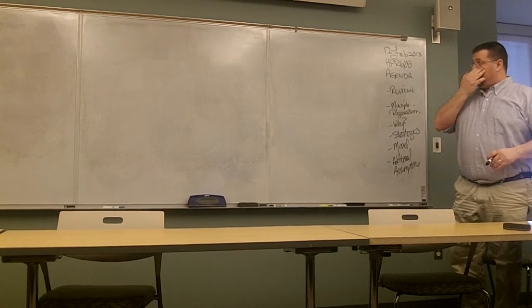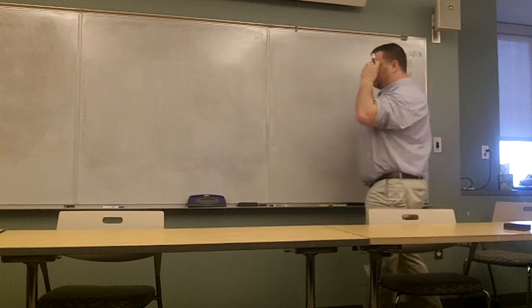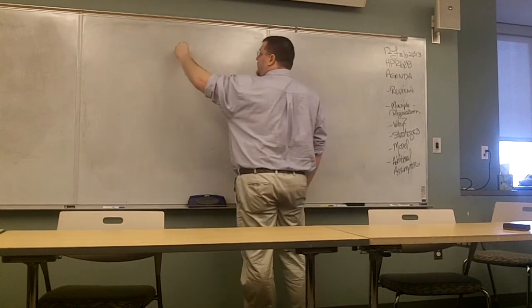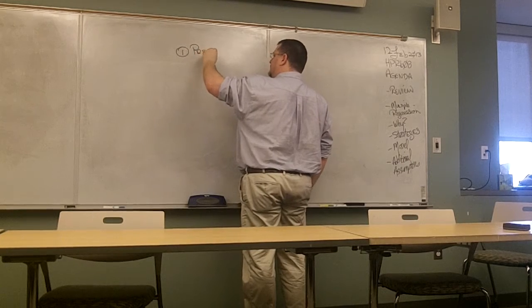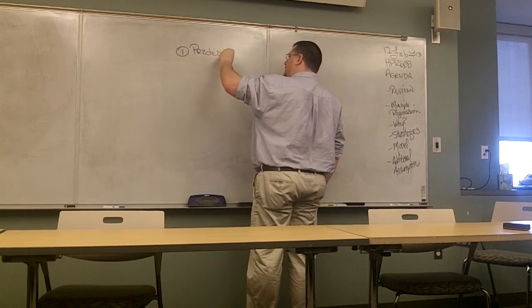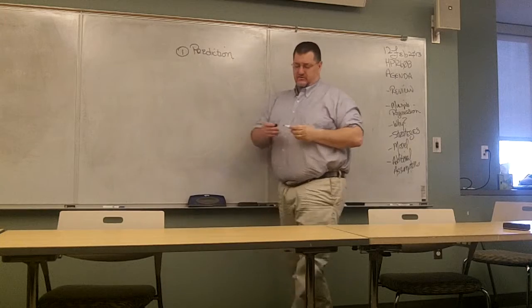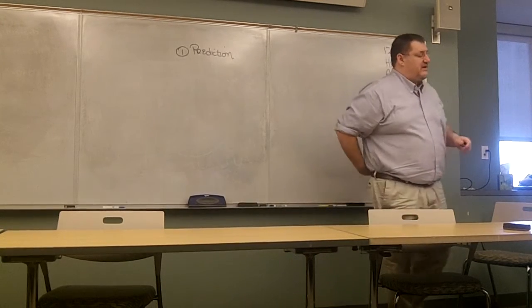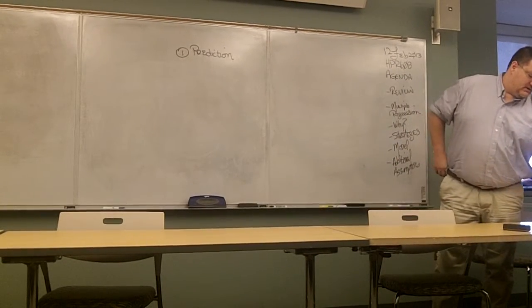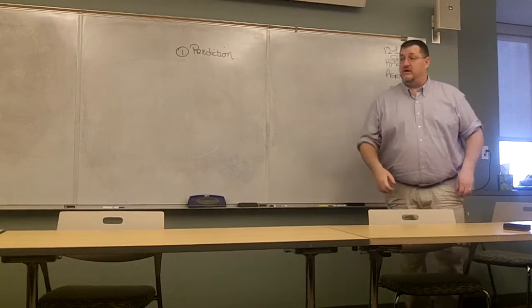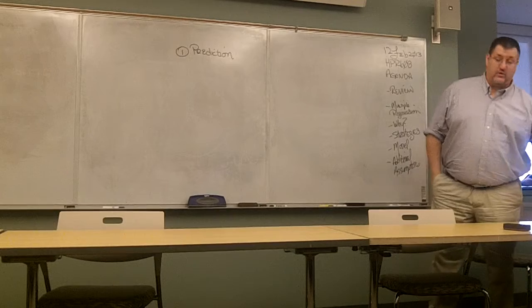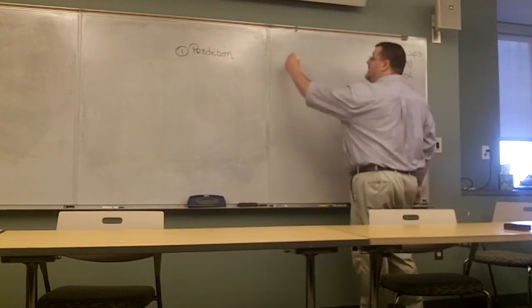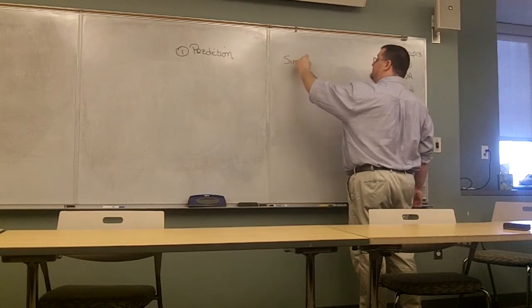So let's talk about some multiple regression strategies, all right? The one strategy we want to talk about is for prediction purposes, right? So one strategy we can use multiple regression for is that we can just throw every variable that we can think of into the regression model and do what's called simultaneous regression.